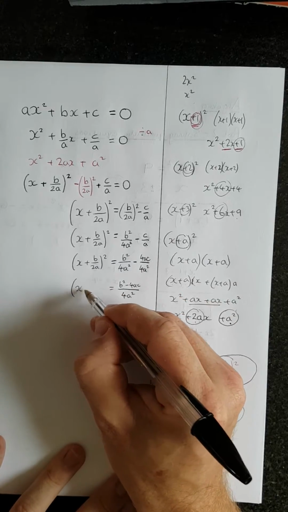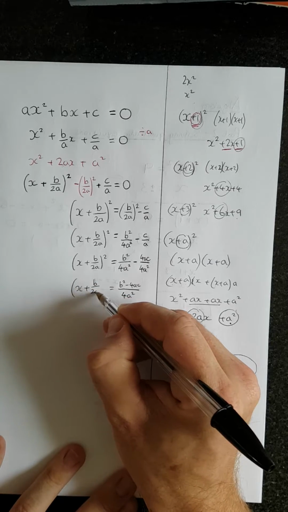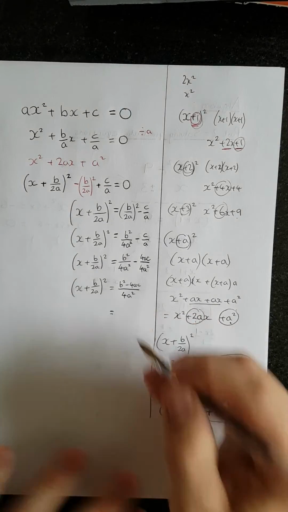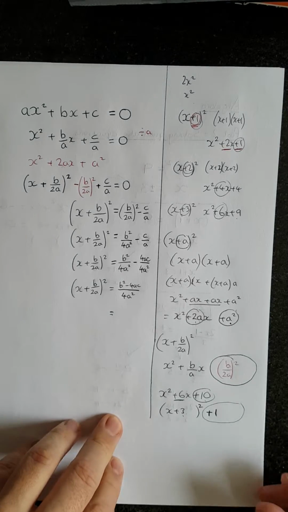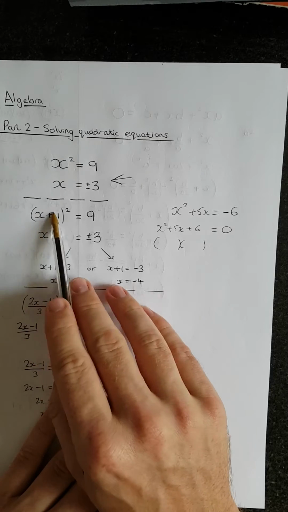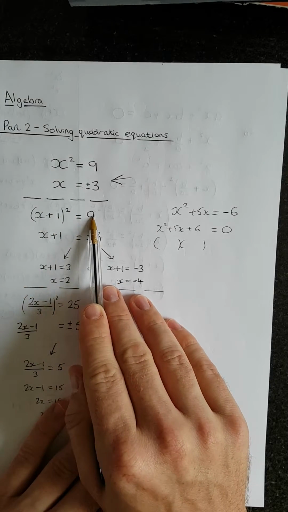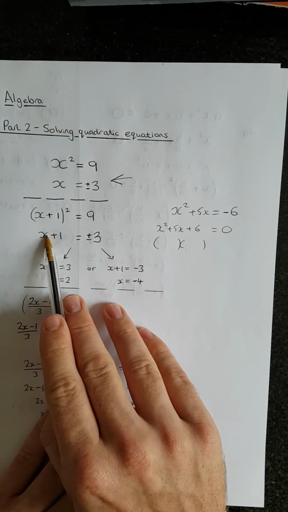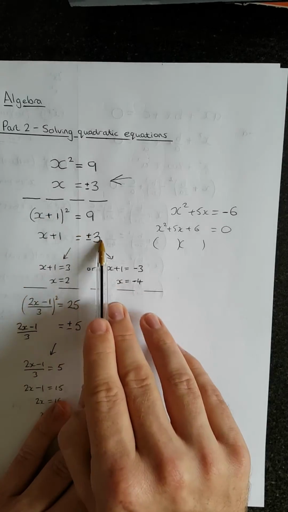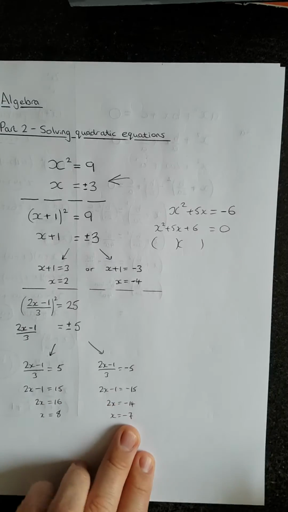And now I've got bracket squared equals thing. This is going really well now. So I'm now going to do what we did previously. Let's look back quickly. You've come a long way. Something squared equals a number. So we do the thing inside the bracket equals plus or minus the square root.